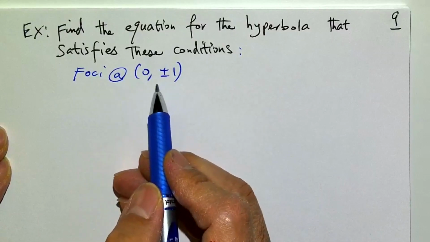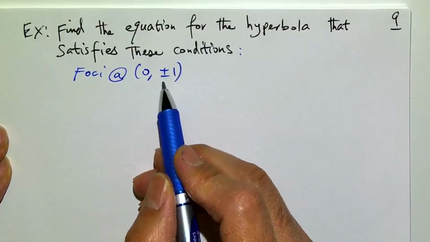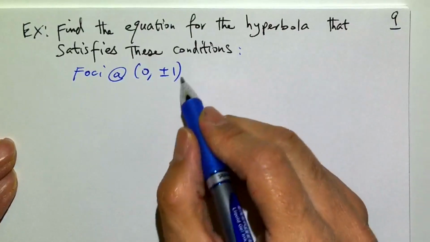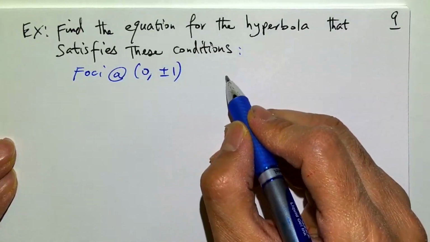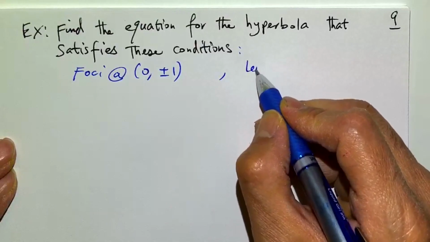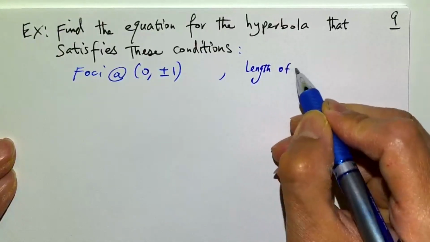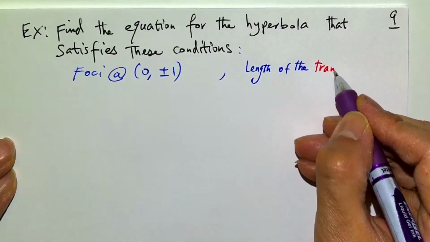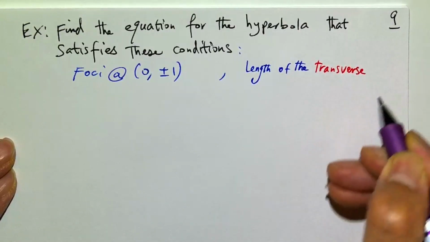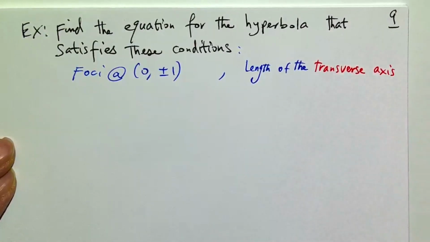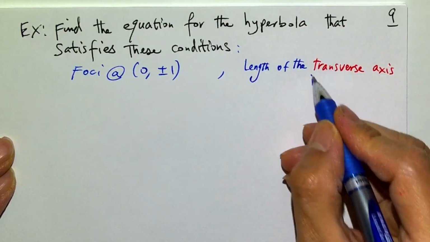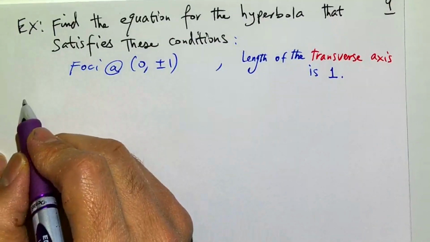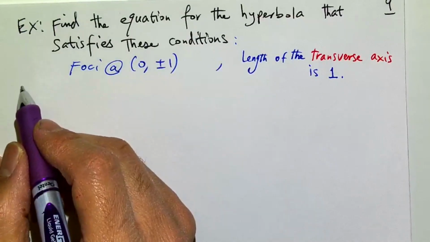Notice that the foci are once again on the y-axis. So this is again a vertical hyperbola. And also, we are told that the length of the transverse axis is equal to 1.